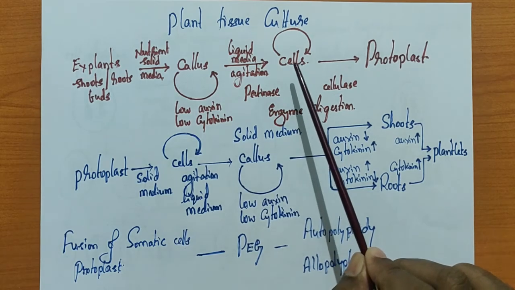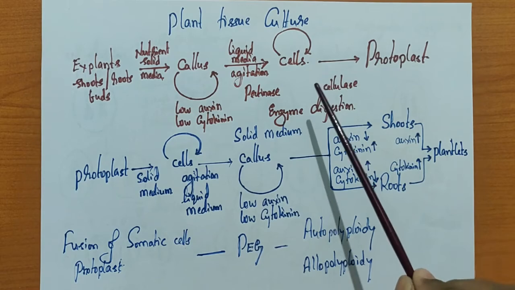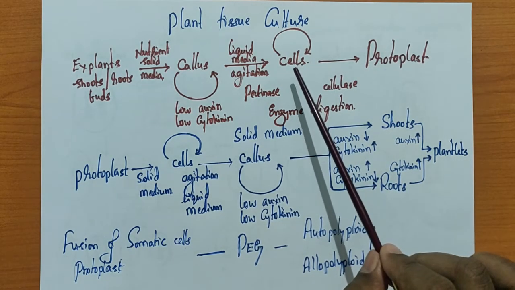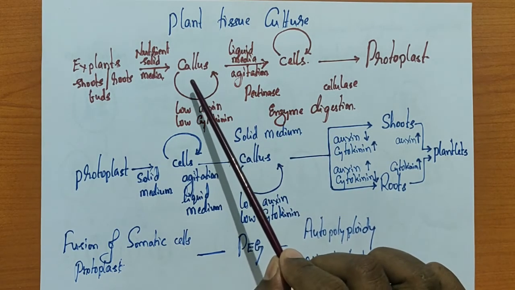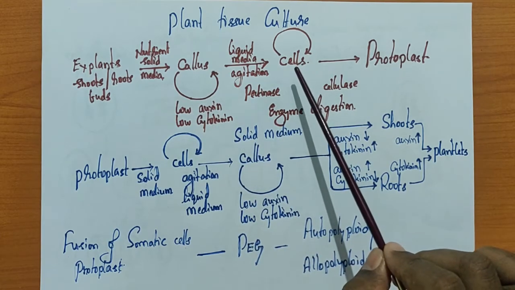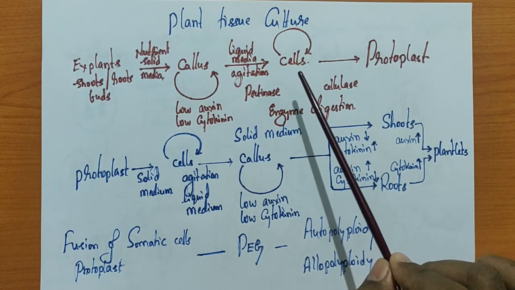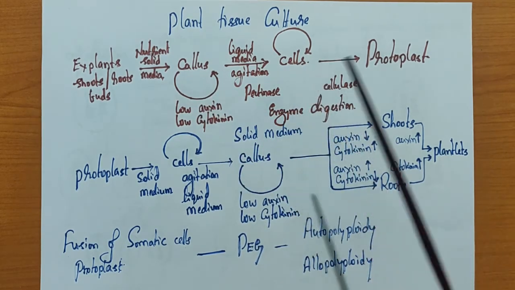These individual cells are grown in a liquid medium, and with subsequent inoculations into a liquid medium, we can maintain these cells in laboratory conditions. So callus can be maintained easily, and cells also, by inoculating them into either a solid medium or a liquid medium.